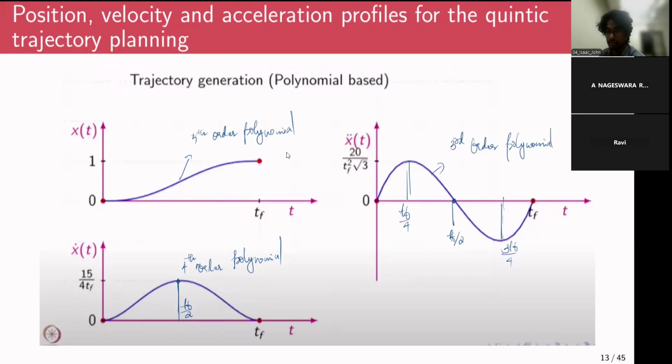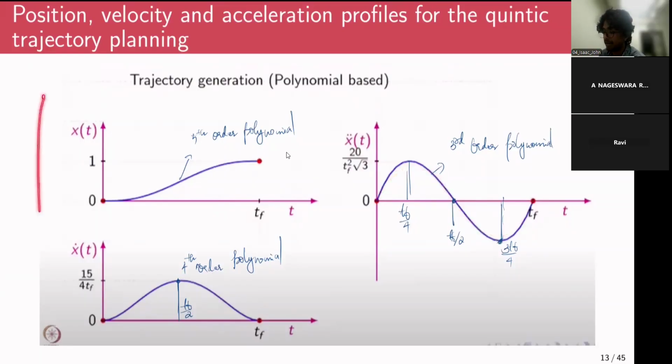We'll have a minimum acceleration or negative acceleration at time t equal to 3 TF by 4. But here also you can see that the acceleration is very smooth. It begins from 0 and it also ends at 0. So it follows a third order polynomial, which is very smooth.